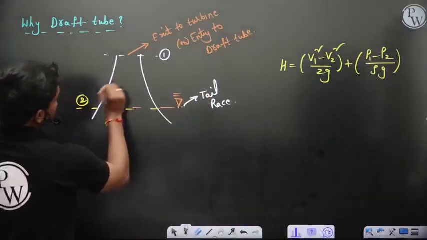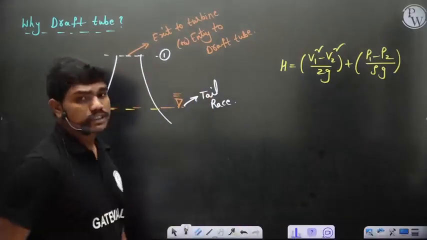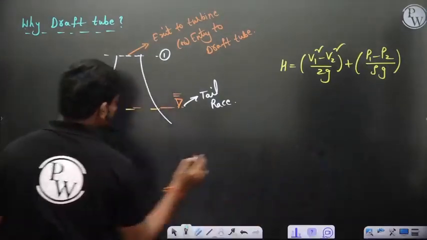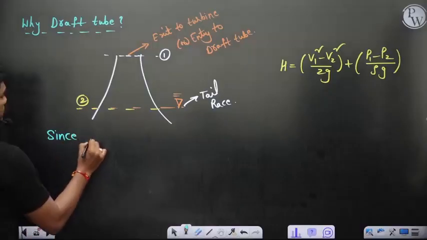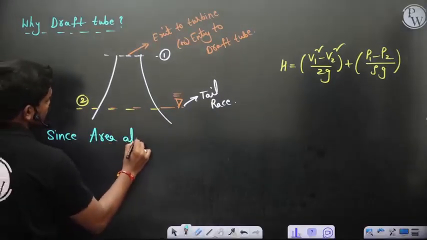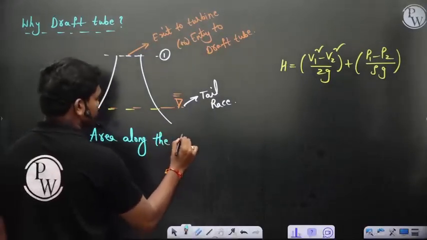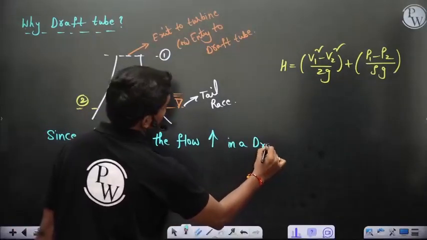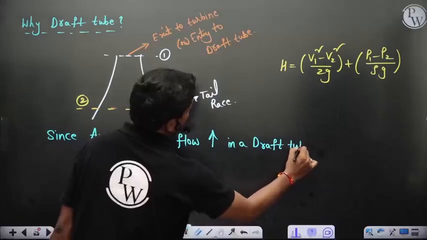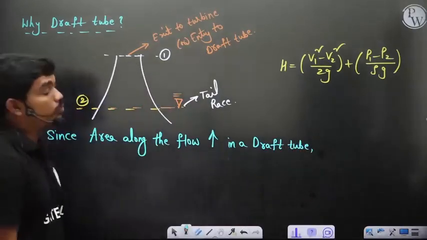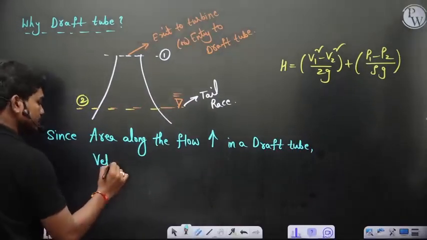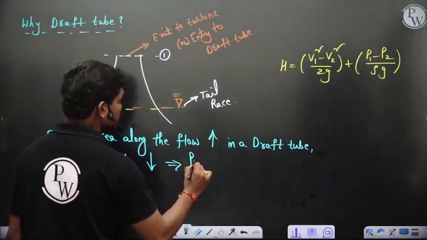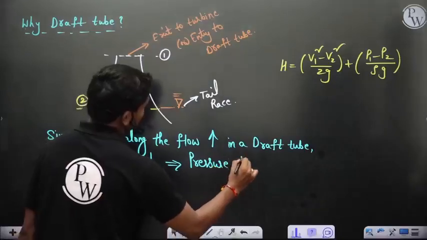Then try to observe something. Here the pressure is P atm, but if you leave this directly to atmosphere, the pressure would be P atm here. But since this tube is a diverging tube, the area along the flow increases in a draft tube, so velocity decreases since it's incompressible, and this implies pressure increases.